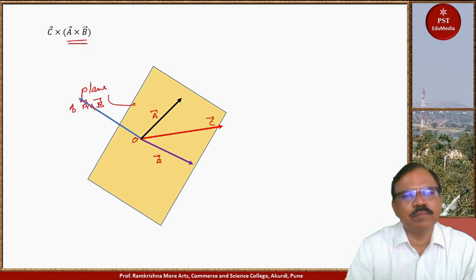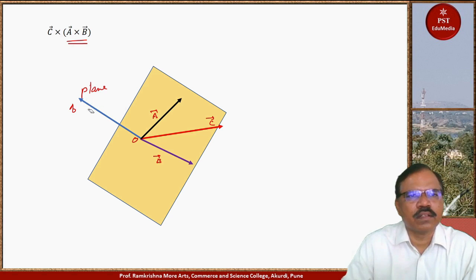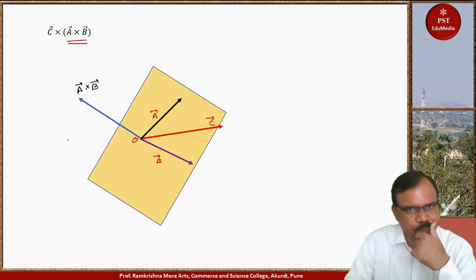A cross B is perpendicular to this plane. So here, this is direction of A cross B. So this vector is A cross B.